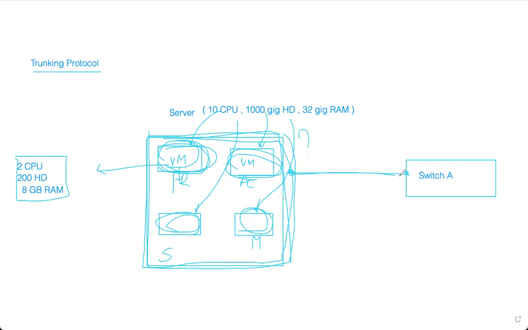So on the switch port, if I put this only in VLAN 10, will the requirement work? It doesn't, because every VM has its own IP and they are in different departments.